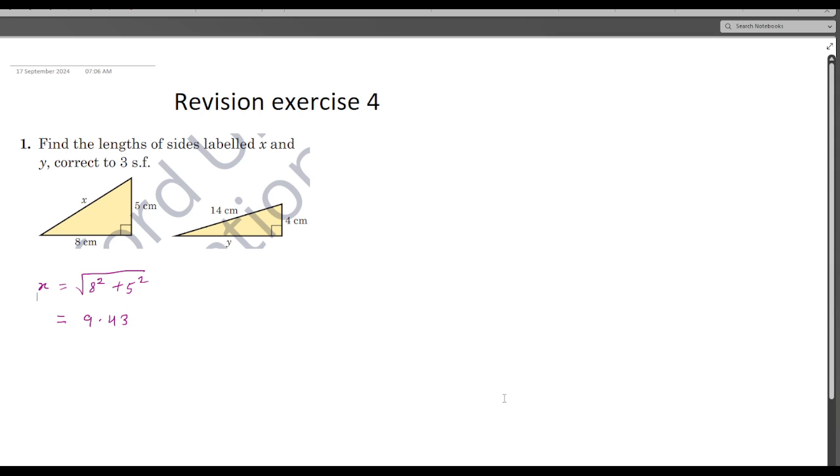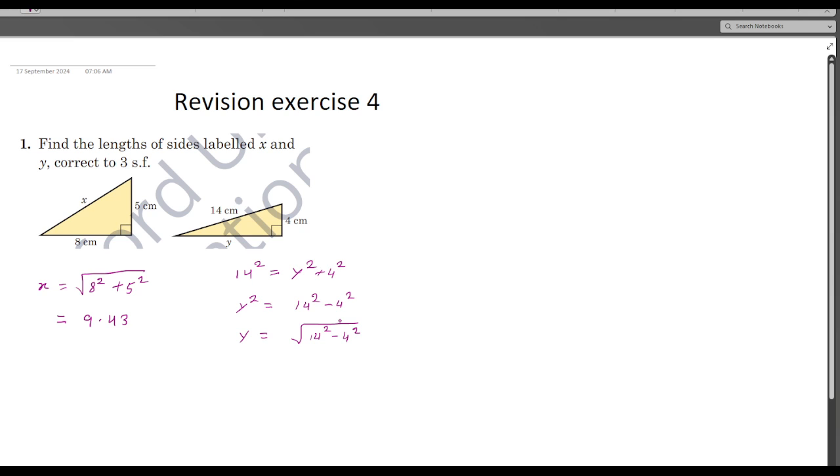Next question, we have to find y. So here 14 square, if I write in detail, 14 square will be equal to y square plus 4 square. That gives you y square is equal to 14 square minus 4 square. That gives you y is equal to square root of 14 square minus 4 square.